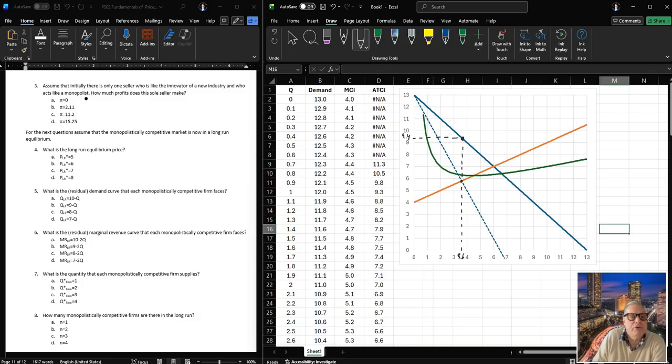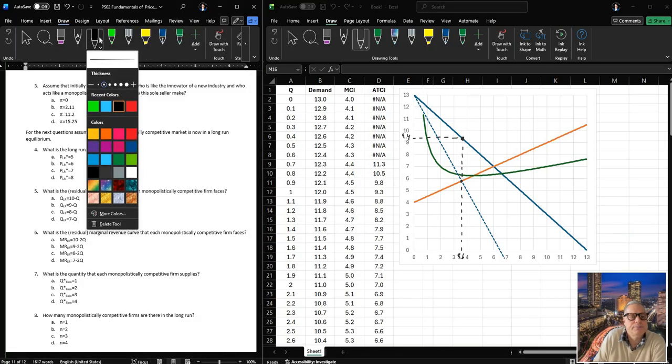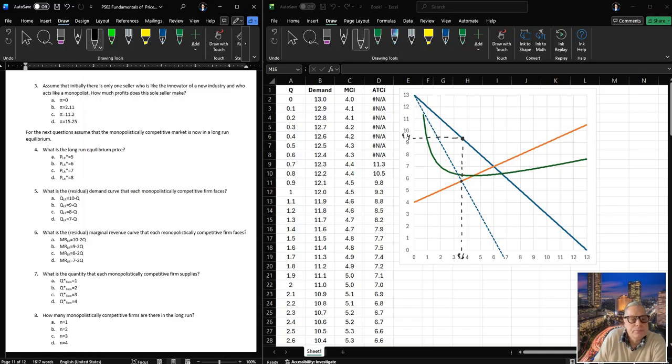Okay, so now we have to look again at total profit. Profit is total revenue minus total cost, and that is equal to 9.4 times 3.6, price times quantity, minus total cost.